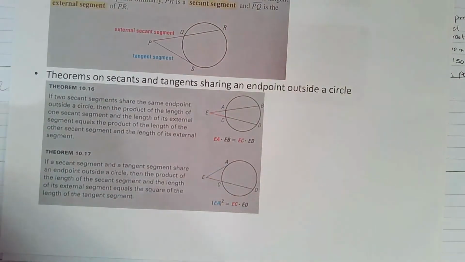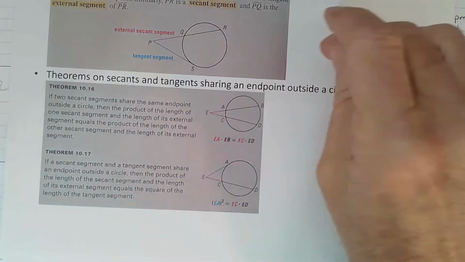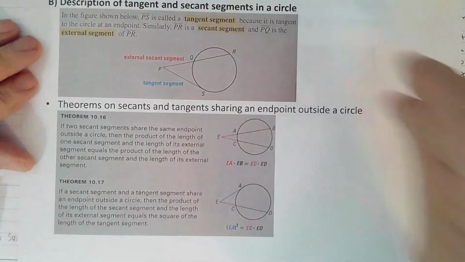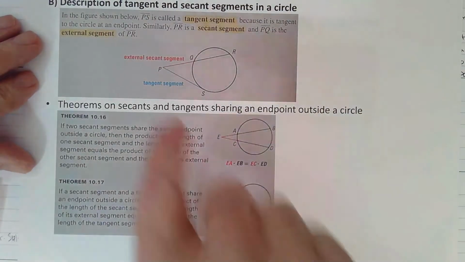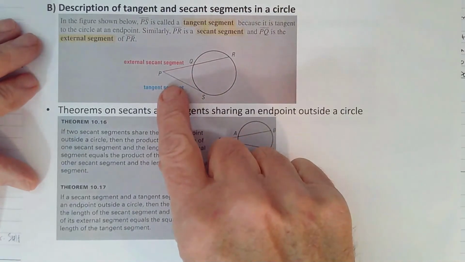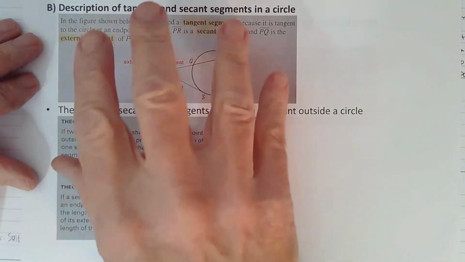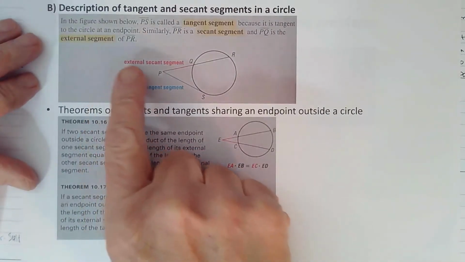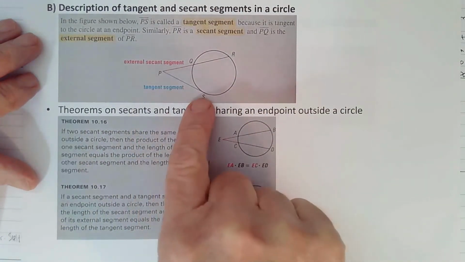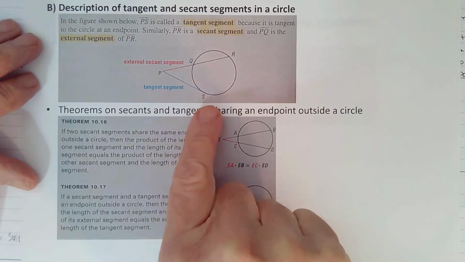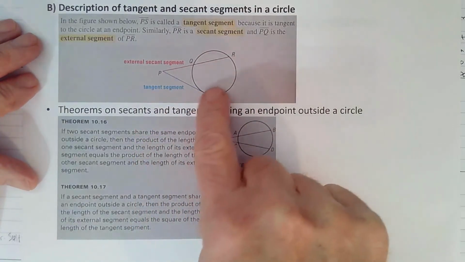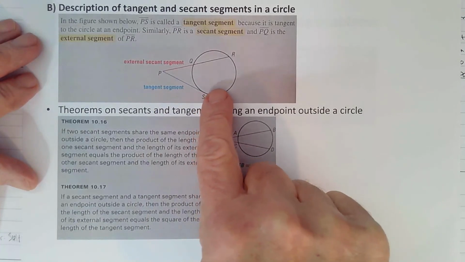All right, now we're going to look at tangents and secants, and this is a description. Again, many of you saw this, so if you're going over it again, then good for you, because you're absorbing more. So in the figure below, PS here is a tangent segment because it is tangent to the circle.